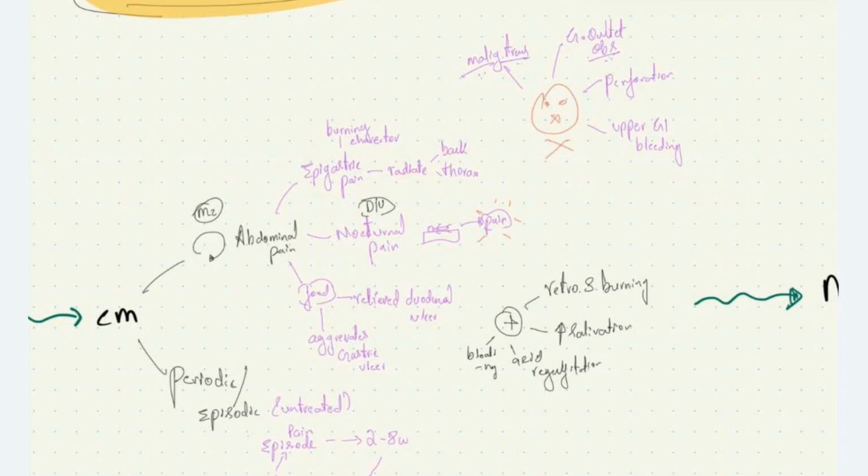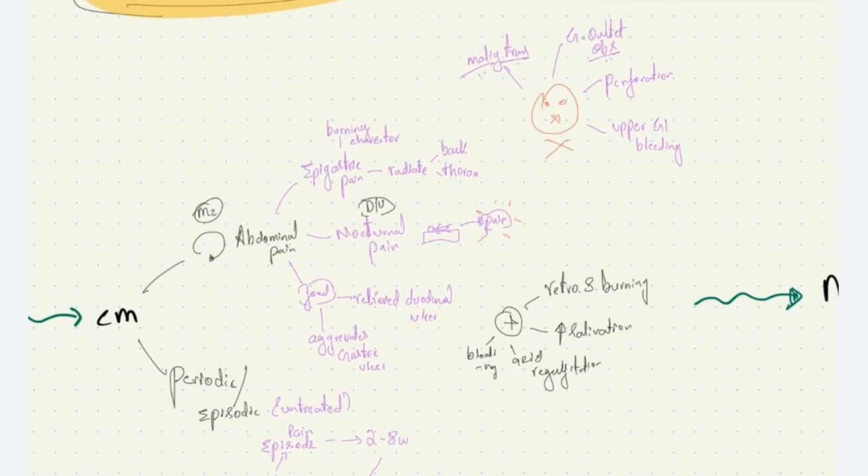The patients with duodenal ulcer, which is the most common ulcer seen in peptic ulcer disease, most common site where peptic ulcer is seen is the duodenum, first part of duodenum. The patients with duodenal ulcer will present with nocturnal pain. That is, the patient will be sleeping at, say, midnight, 2 a.m., 3 a.m. He will get up due to pain, and he will cry due to pain.